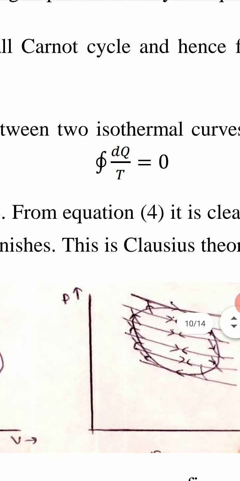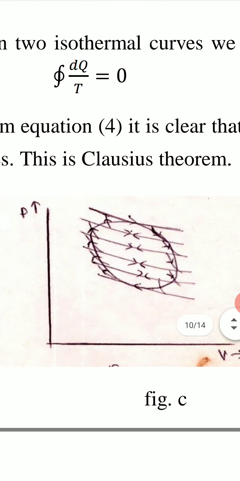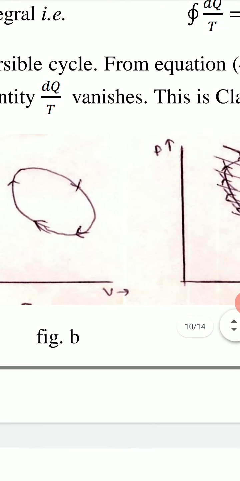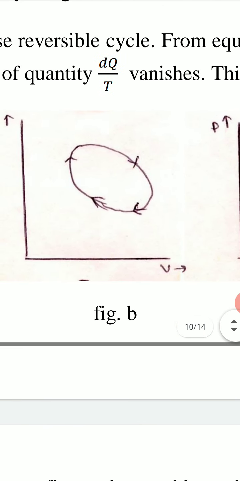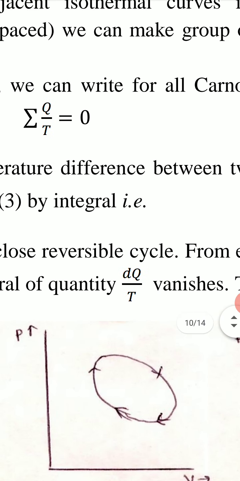Summation is for these large number of Carnot cycles which are equivalent to this closed cyclic curve. So for this closed reversible cyclic process, we have summation Q upon T equal to 0.